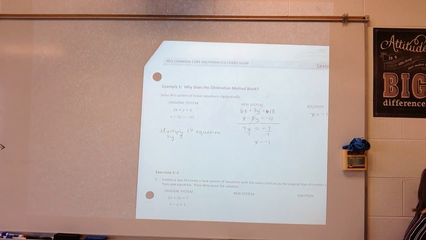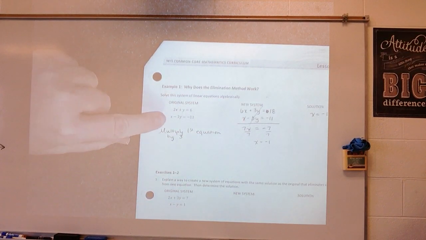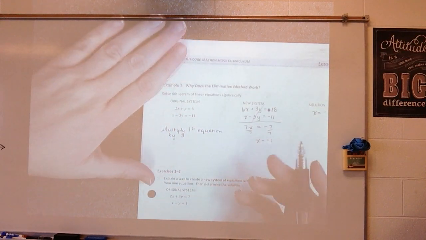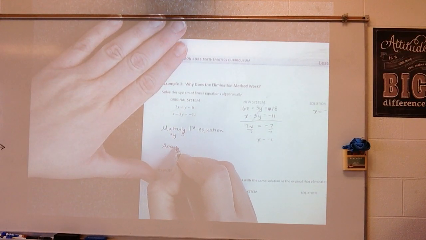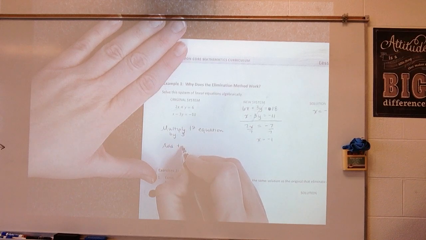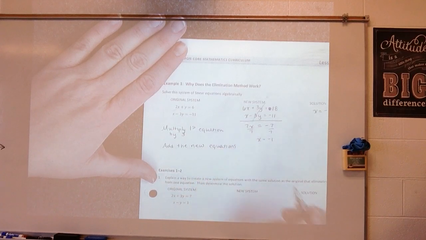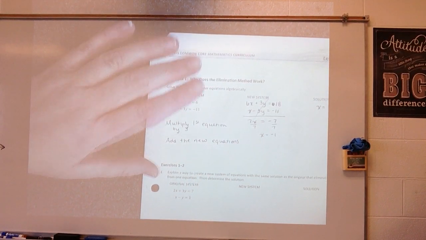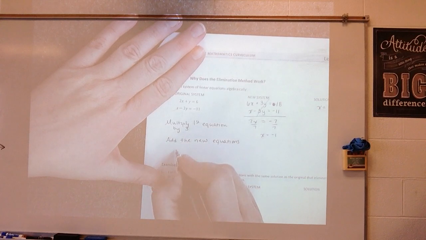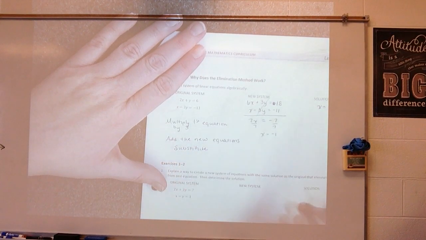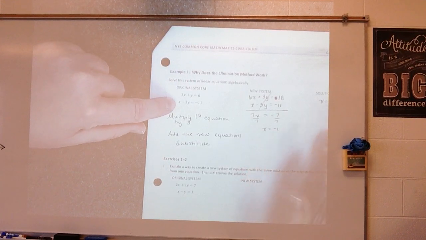All right, so since I know that x is equal to negative 1, I can substitute it back in. So the second step was add the new equations. I solved, and now I'm going to substitute negative 1 back in.